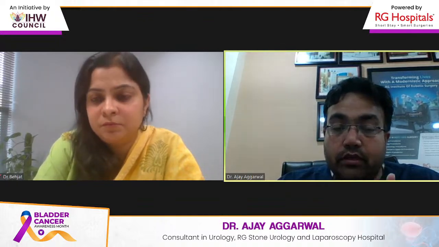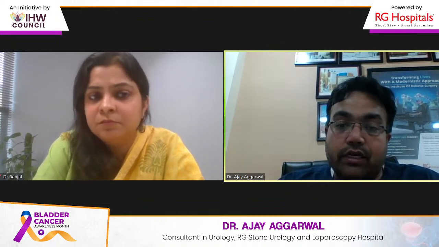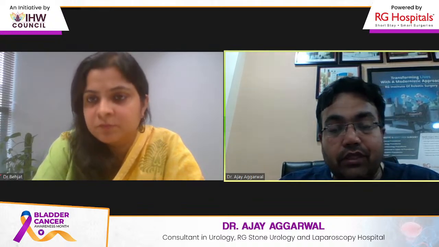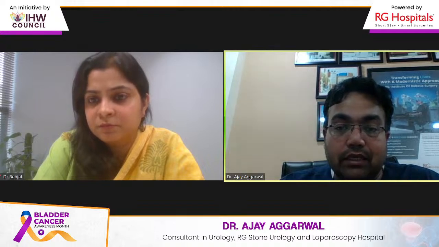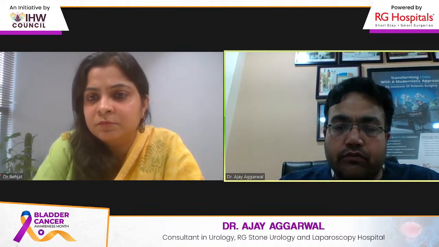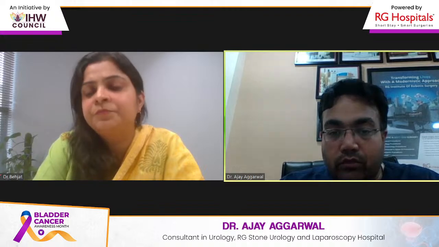The most common presentation of renal malignancy is asymptomatic. 50% of patients present with an asymptomatic renal mass. There is a classic triad explained in the books for renal malignancies: flank pain, abdominal mass, and hematuria, meaning blood in the urine.